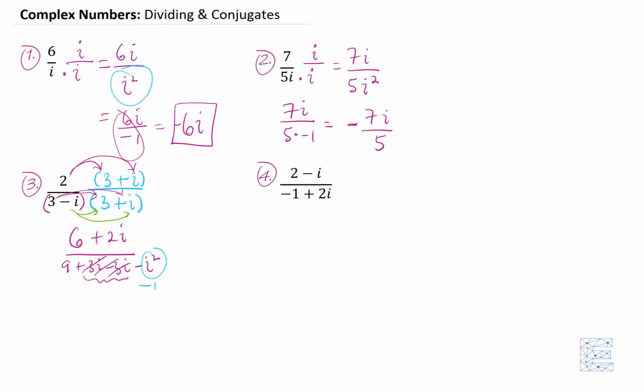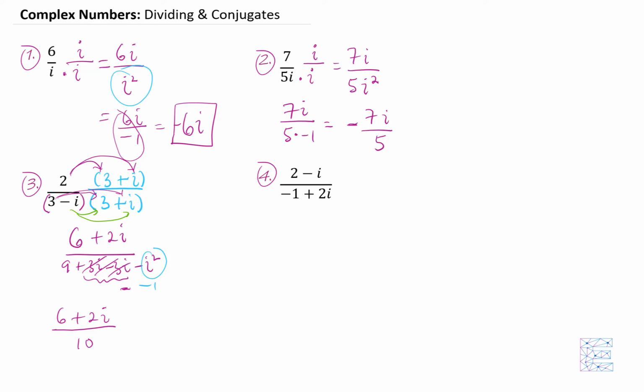So what's left here is 6 plus 2I as our numerator. That hasn't changed. But the denominator is now 9 minus the -1 that we got from I squared. So it's 9 minus -1, which makes it a 9 plus 1, and that's 10.